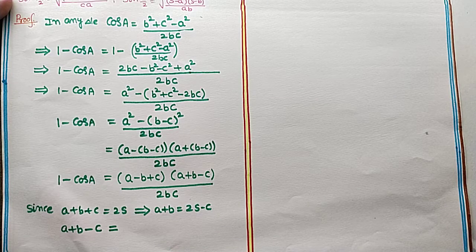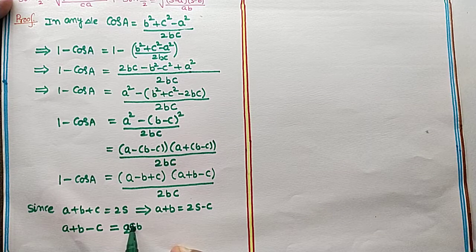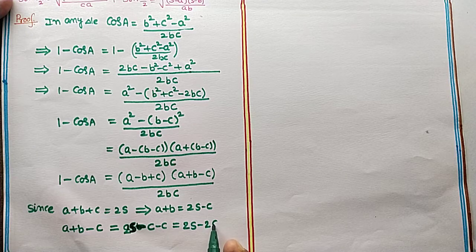So a plus b minus c can be written as 2s minus c minus c, which is 2s minus 2c.